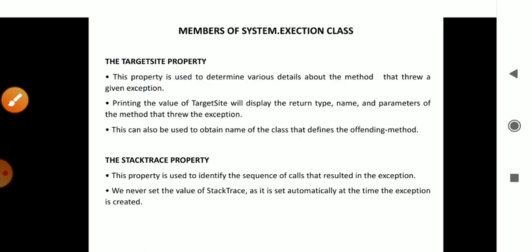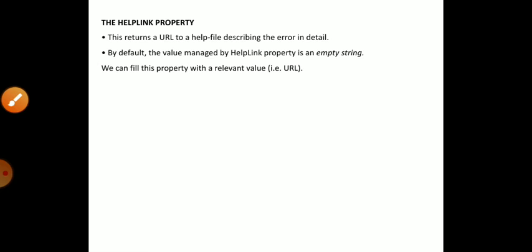Next you have another concept called help link. Remember, this is an important one. When you provide a particular URL where to go to get help about the exception, you use the concept called help link. It provides the link where to go and get the information related to the exception.